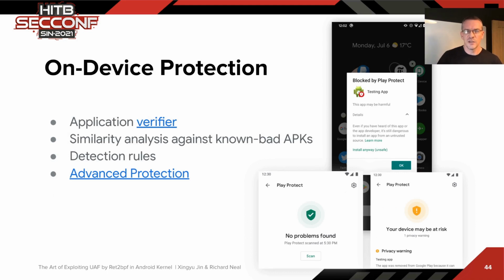Information about known bad applications for the similarity check is provided by Google's servers. This is to handle small differences in an APK's contents which would defeat hash comparisons, for example. This covers the case where a side-loaded application might contain a local privilege elevation exploit to support malicious activities.